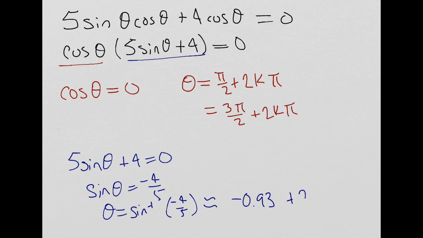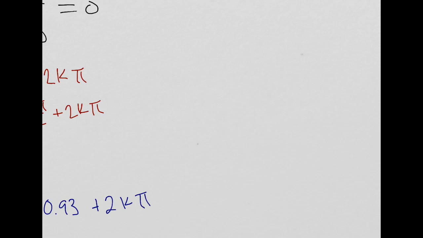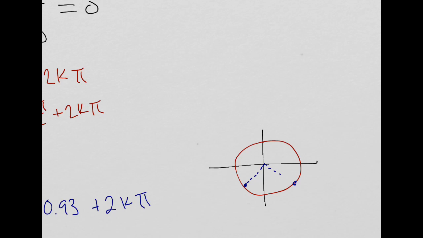Well, definitely a 2k pi, but again, I need to think about the unit circle. Scroll over here to the side for a second. If I'm at negative 0.93, probably down here somewhere, so I should have something corresponding on the other side. How much am I going to need to add to that?